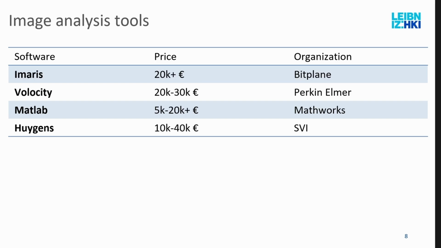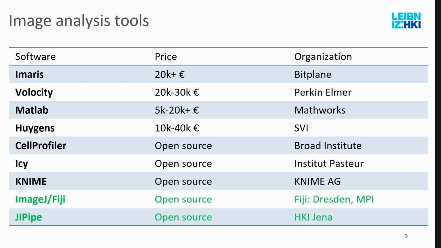Velocity, I personally don't know, but these are realistic price ranges of what you expect from these commercial tools. And they do it for a reason, because they are very, very good and have a lot of integrated automatic functions to get you to your result and can handle large data as well. But this is really expensive. You cannot just download it at home and try it out.